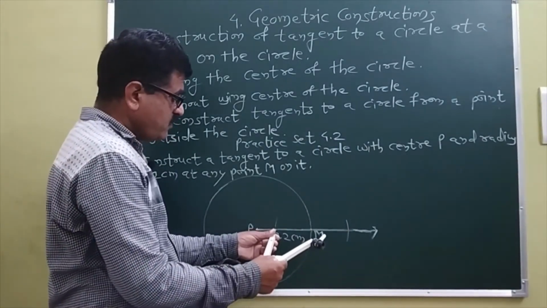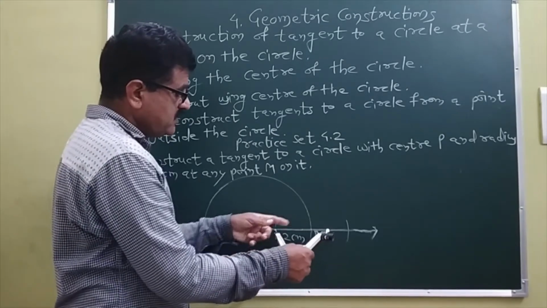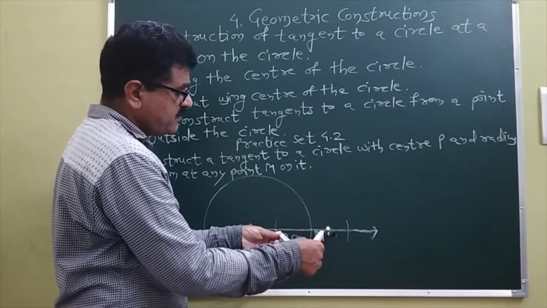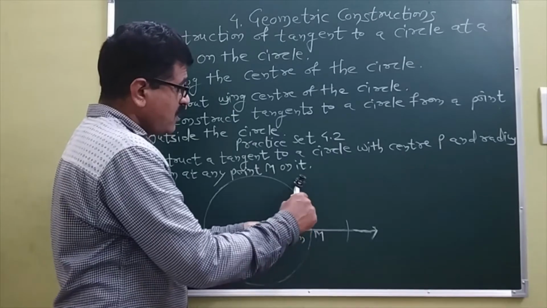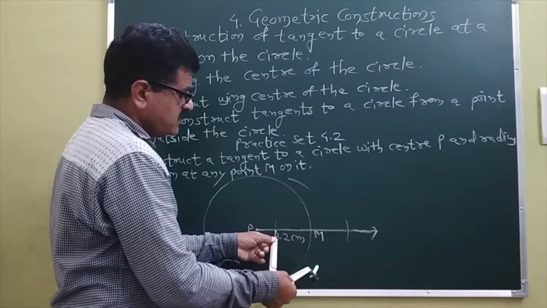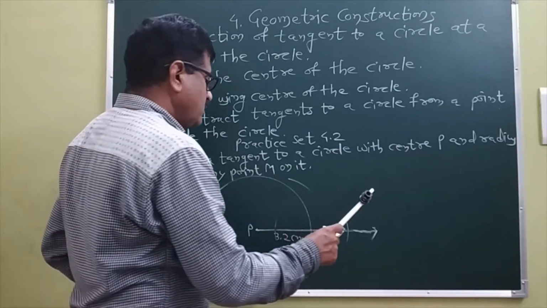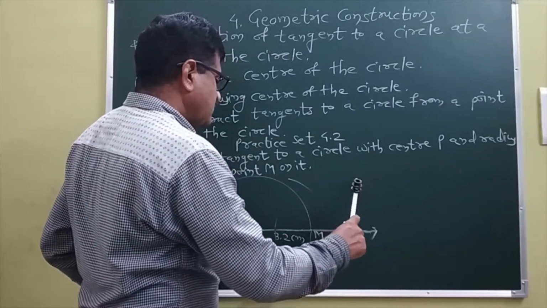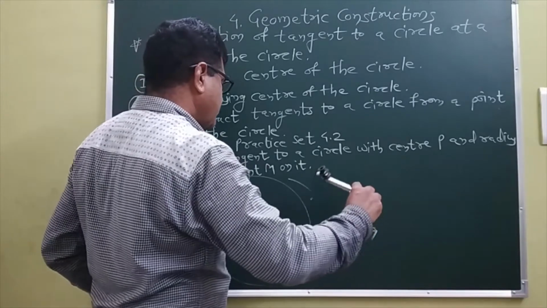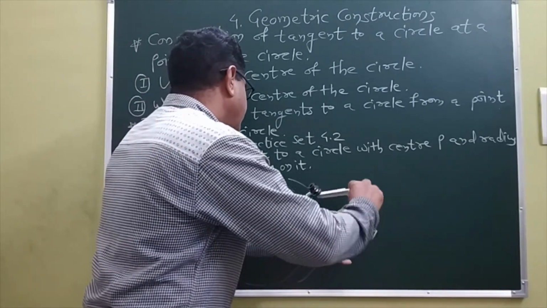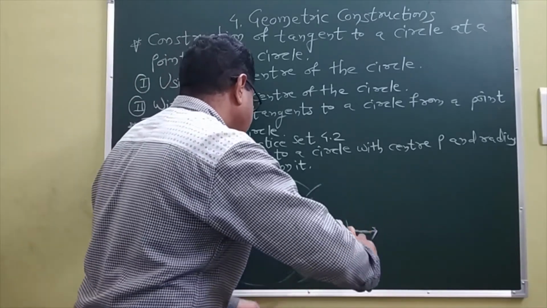Draw arcs above and below. Also, taking the same distance, put the compass point here and draw arcs intersecting the previous arcs.